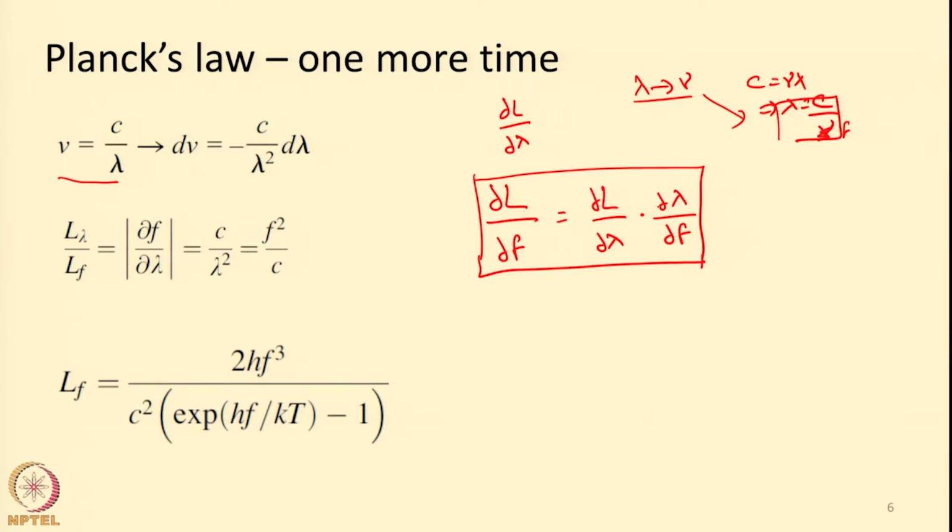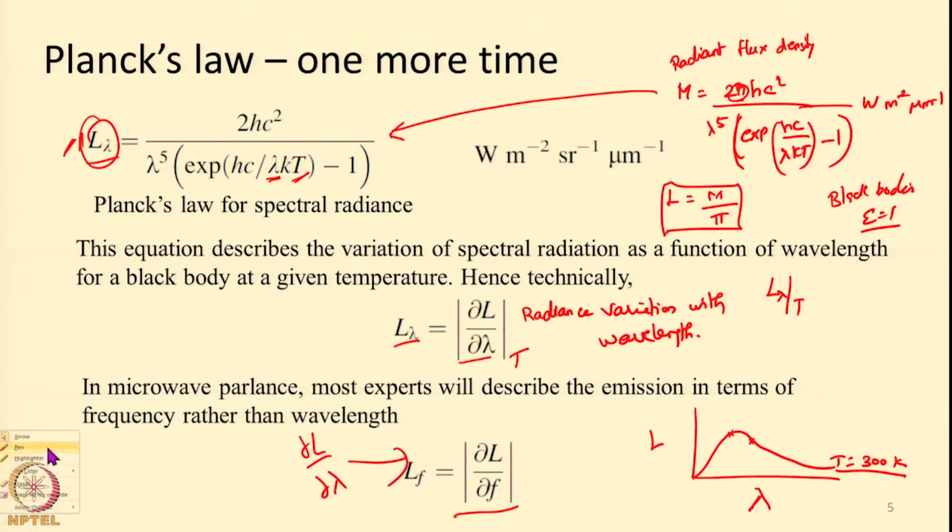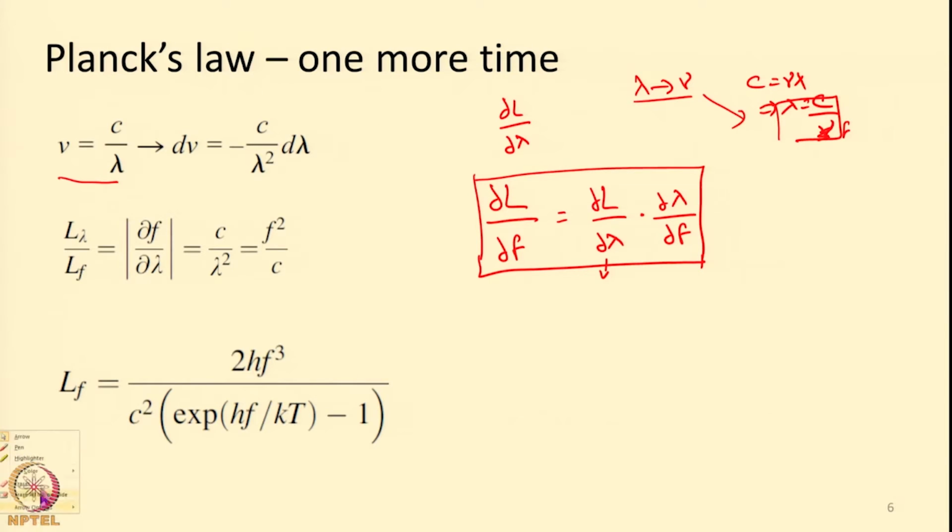So, that is the thing we are going to do now. ∂L/∂λ we already have in our hand, that is the Planck's equation given in the previous slide. This equation is nothing but ∂L/∂λ. Now we have to calculate ∂λ/∂f, the variation of lambda with respect to frequency.